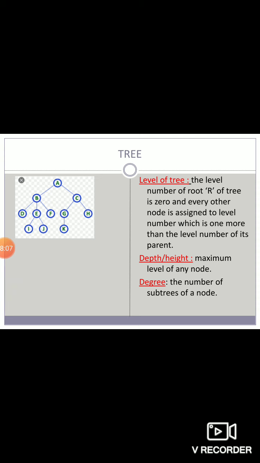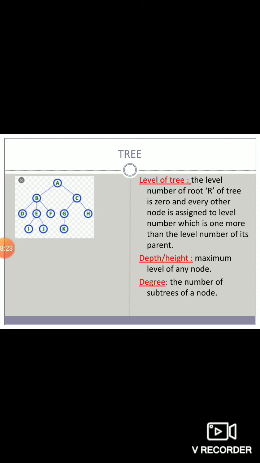So for this diagram, if the level of the tree is 3, then the depth of this tree is 4, because we never calculate depth or height as 0.